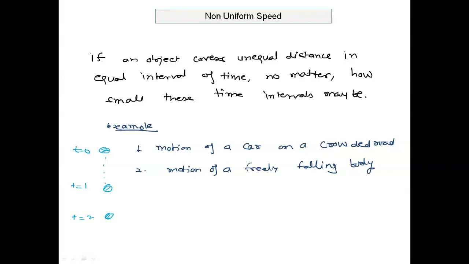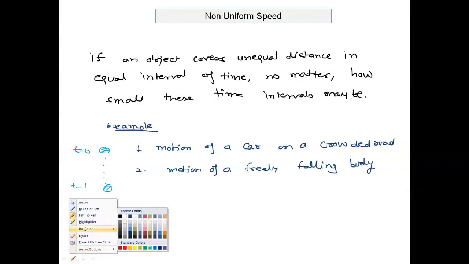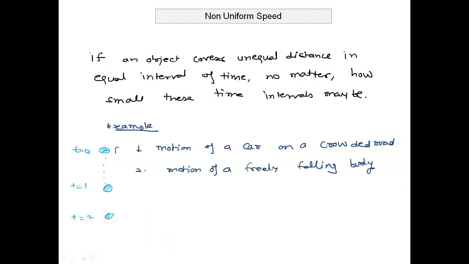It means after each 1 second our speed will increase by 10 meter per second. So if here I say speed is 0 or the object was at rest, here speed will be 10 meter per second. Of course later on I will discuss this also. Here speed will be 20 meter per second. It means when the object is falling freely, its speed is not constant, it is varying. So you can say it is the non-uniform speed.